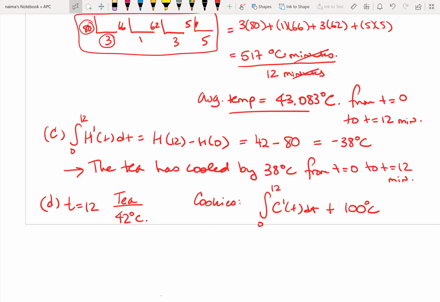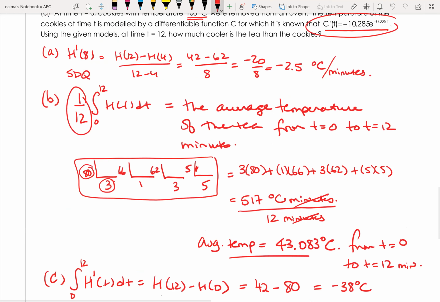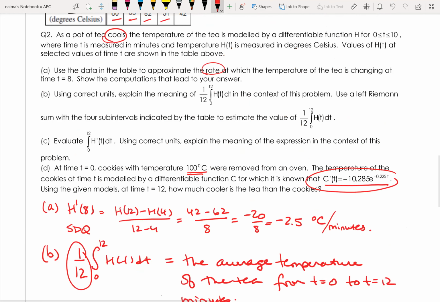So I got a negative answer there, right? But if I add 100 to it, it gives the right temperature. So this is going to be 57.361 degrees Celsius. The question did say, how much cooler is the tea than the cookies?